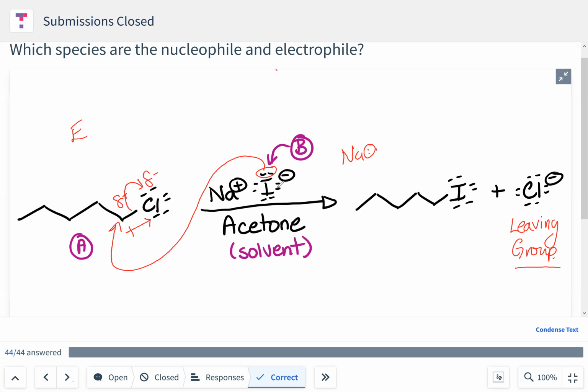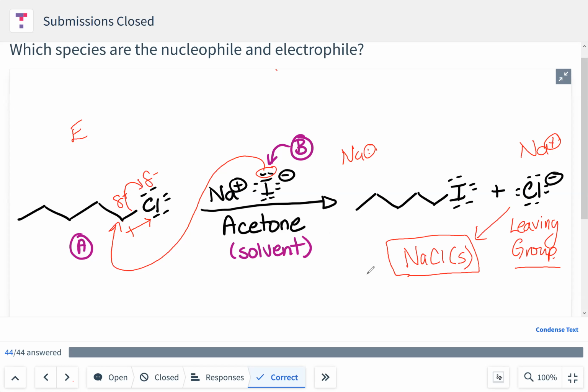But in acetone, sodium chloride precipitates out as a solid. So as soon as this chlorine leaves, it's going to form an ionic bond with the sodium, and it's going to precipitate out of the reaction as a solid. And so that's going to help drive the reaction to completion.